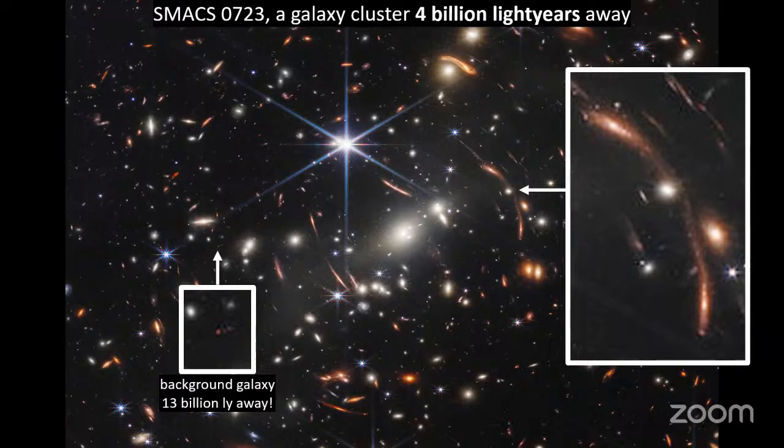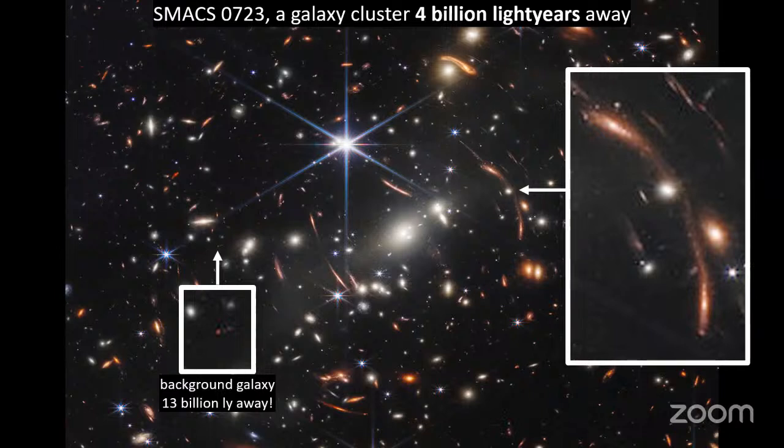So on the right, you can see this background galaxy has been stretched out into this big arc that's much larger than the size of the galaxy actually. It's been stretched out by magnification, kind of like a funhouse mirror. This one on the bottom left that I've shown is another gravitationally lensed galaxy, but it's much smaller, it's much more distant. All you can see is just this tiny little red dot smudge.